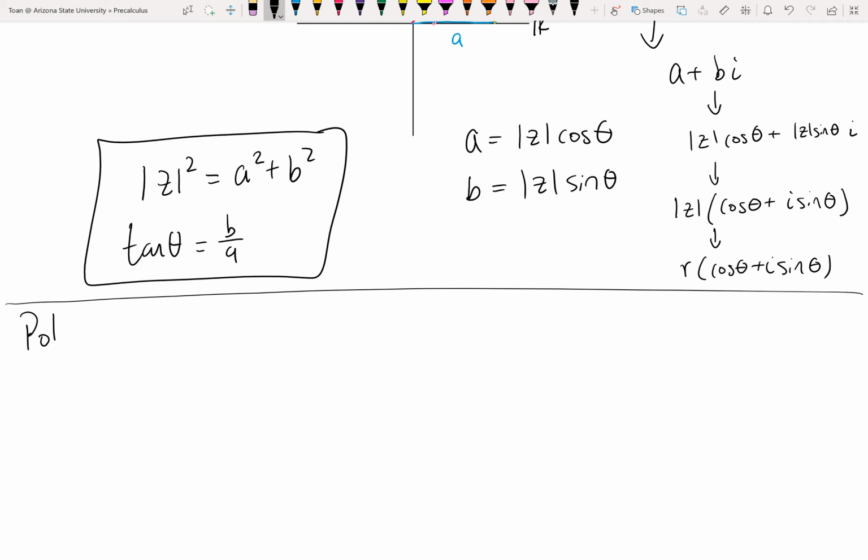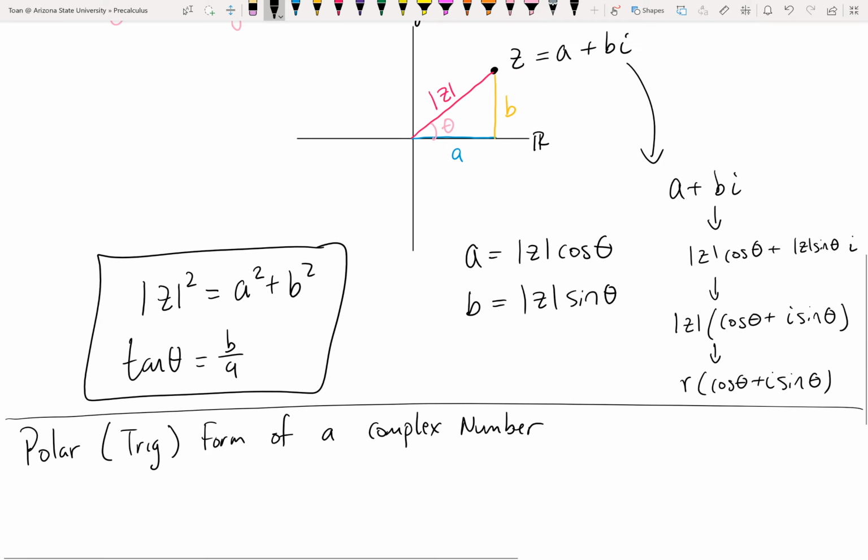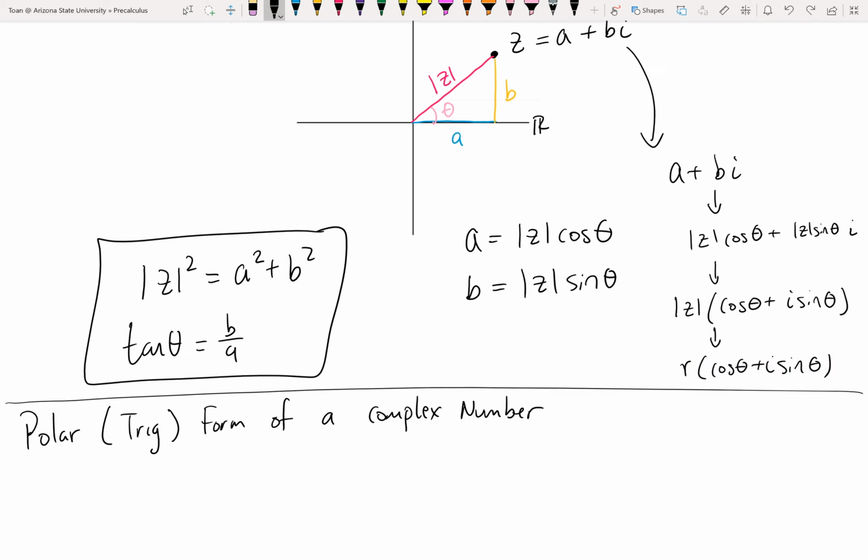The polar form, also known as the trigonometric form, is merely substituting the algebraic bridges between rectangular coordinates and polar coordinates into the standard form of a complex number, and you end up with something that looks like that. So let's go ahead and write it out formally.